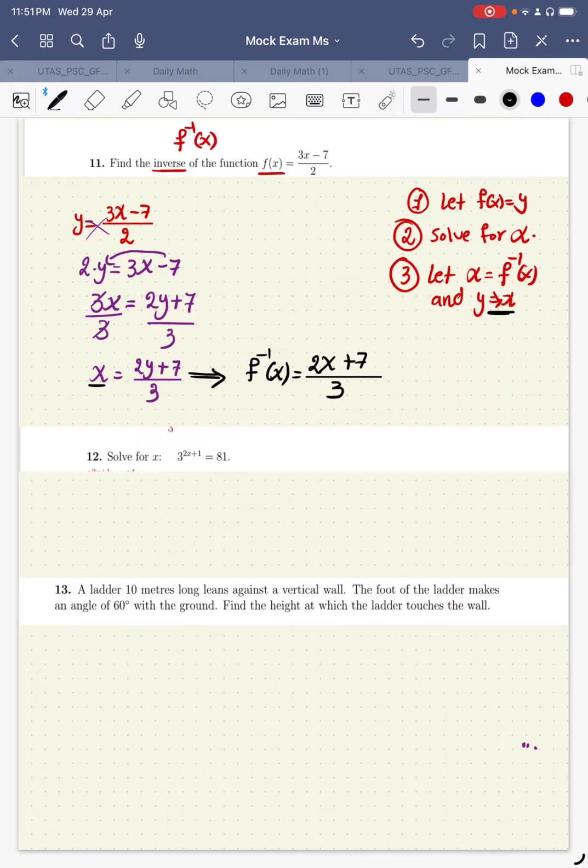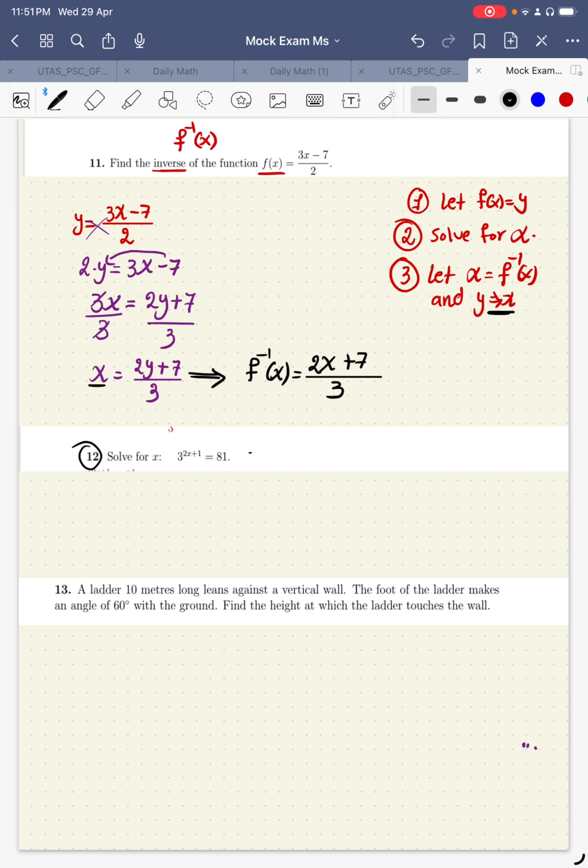So now let's go to the question number 12. Solve for x, where I have 3 to the power 2x plus 1 equal 81. So remember, we call this one the exponent equation, where our variable and the something we would like to find is exponent.